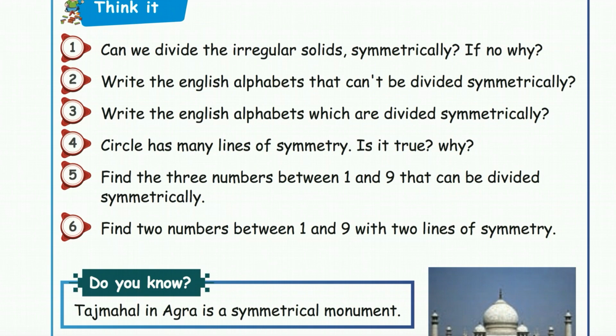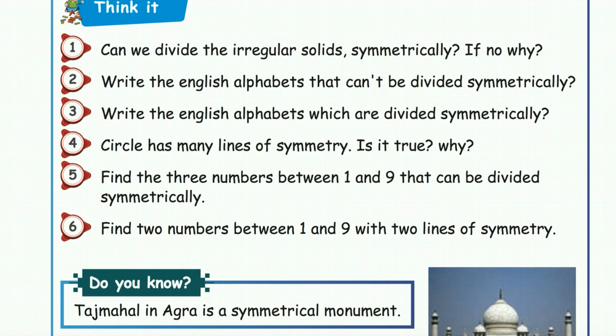No symmetry is possible for 5. 6 is also not a symmetrical figure. 8 is symmetrical. I found only 2, 3 and 8.